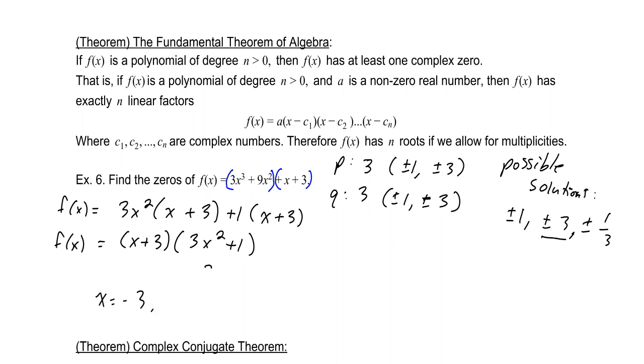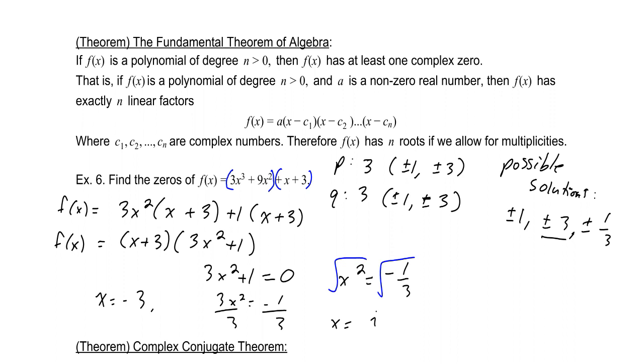The second, 3x squared plus 1 equals 0, implies that 3x squared equals minus 1, or if we divide by 3, x squared equals minus 1/3, and taking the square root of both sides, that is going to be x equals i over root 3.